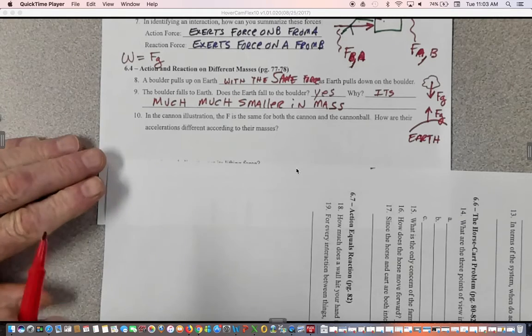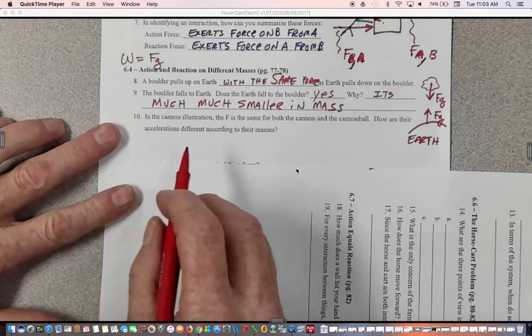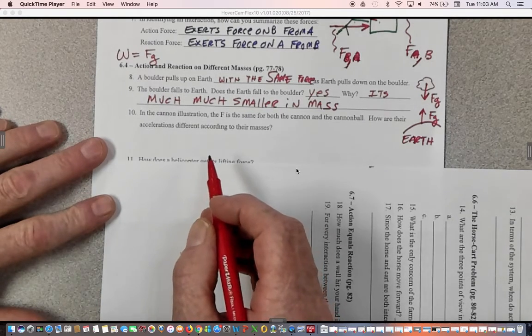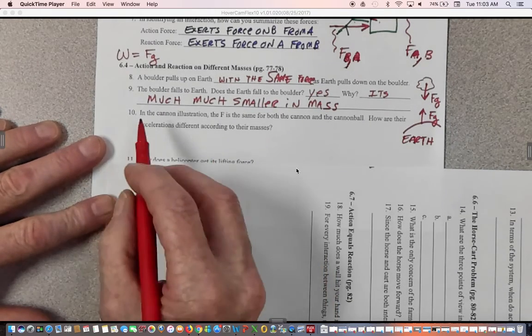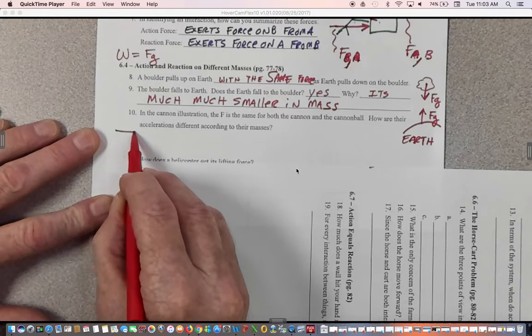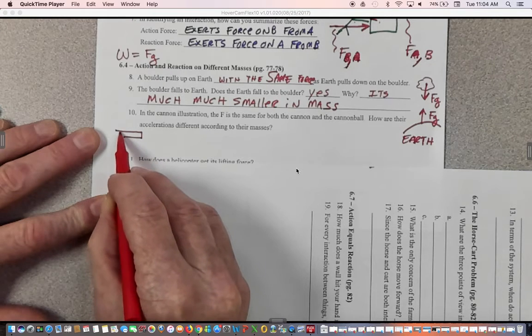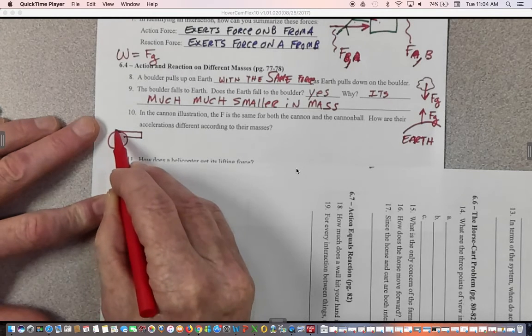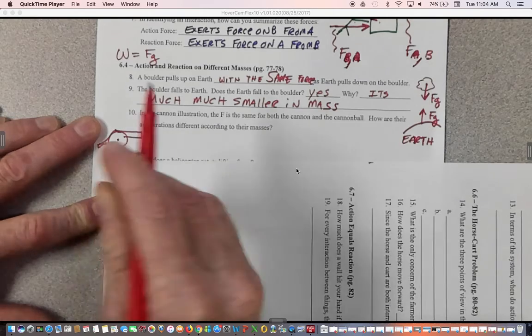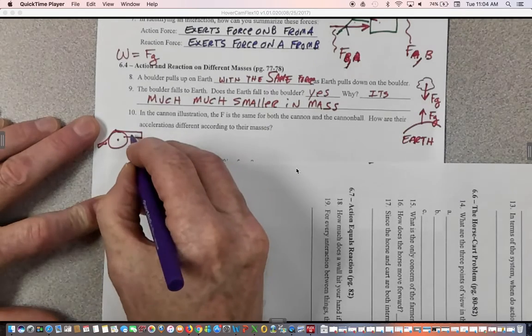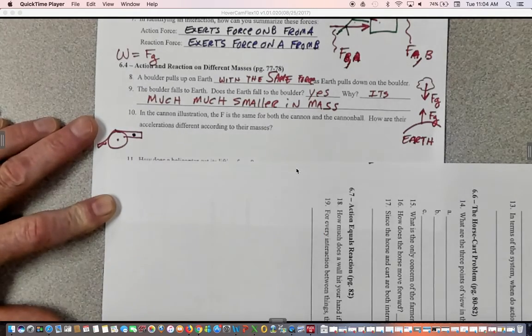Now, there's a cannon and it shoots a cannonball. It's in the book. Inside the cannon is a small cannonball.